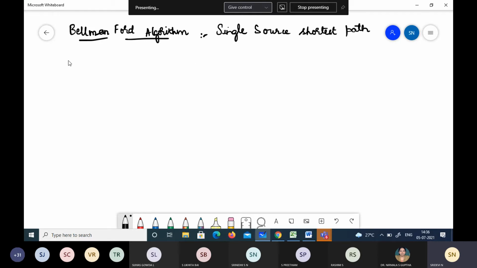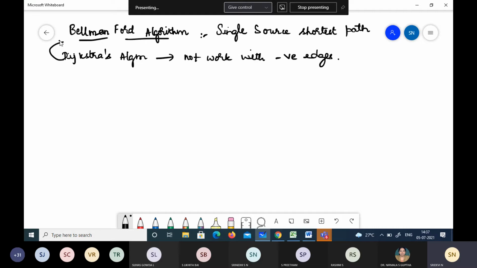So what's the difference between Dijkstra's and this? Dijkstra's algorithm will not work with negative edges, right? So this serves as a disadvantage for Dijkstra's. Hence we have this Bellman-Ford algorithm.